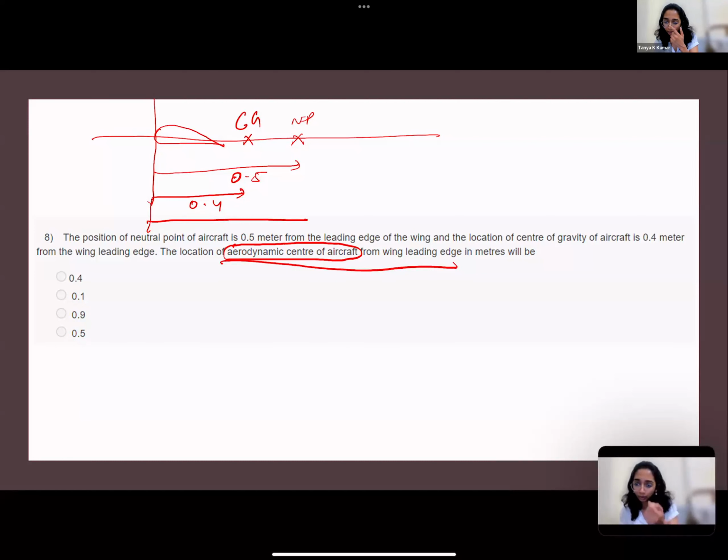Let's start with Kanna's answer. 0.4. 0.4 is where the CG is. So why did you come up with 0.4 for AC of the aircraft? I just want to understand the thought process of why you came to 0.4.